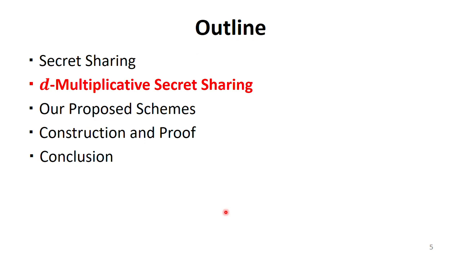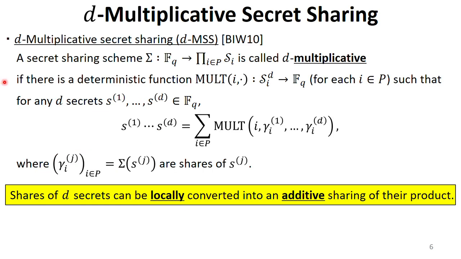Next, in this work, we study a special class of secret sharing schemes called d-multiplicative secret sharing. So I first provide a definition. A secret sharing scheme is called d-multiplicative if there is a deterministic function mult for each player i.